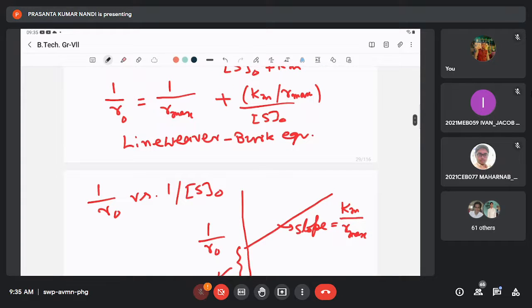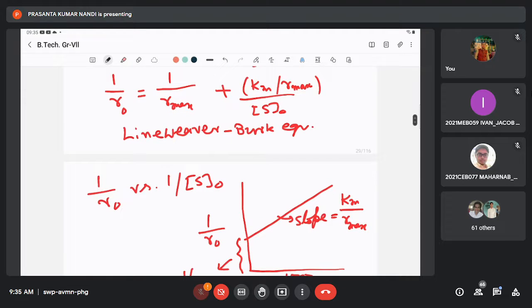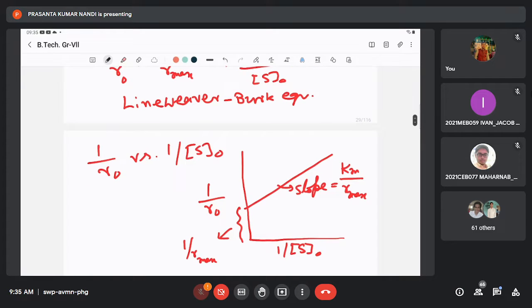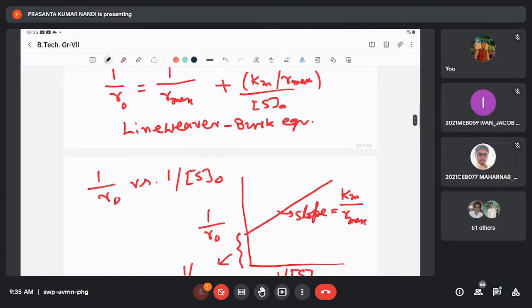That is, if you take different initial substrate concentrations, and for that, if you plot the corresponding reciprocal of the initial rates, then we will get a straight line like this: y equal to mx plus c, with the intercept equal to 1 upon R max, and the slope would be equal to simply the ratio of Km to R max. Can we write like this? Or is there any doubt?